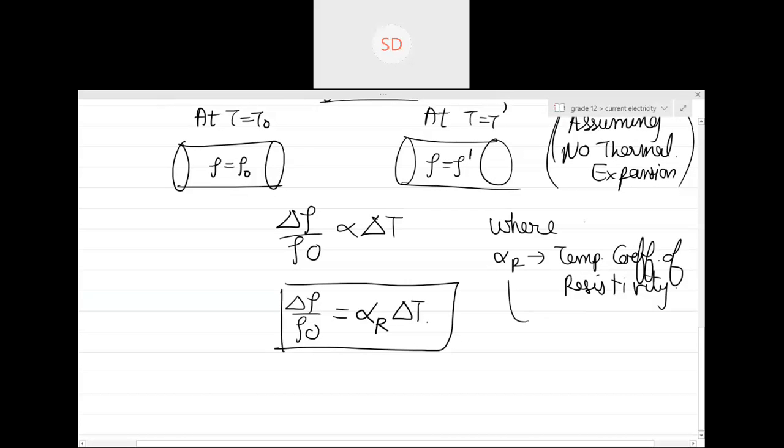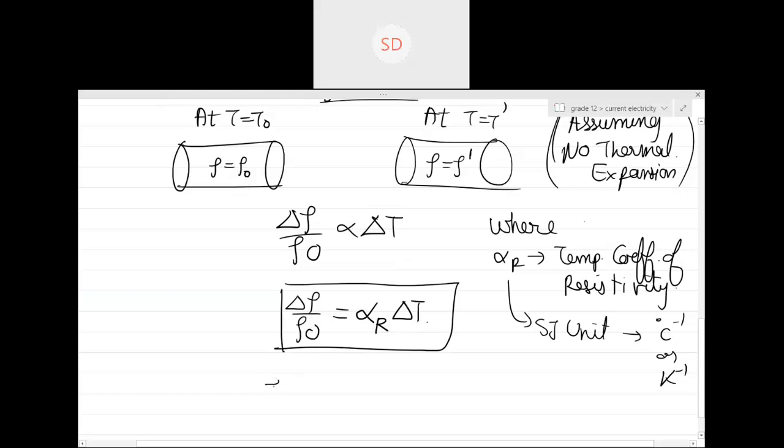The unit for this is per degree Celsius. Is this clear? So delta rho by rho naught equals alpha r delta T.